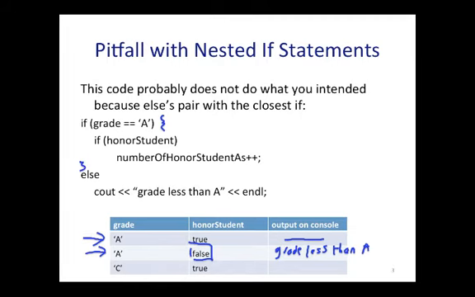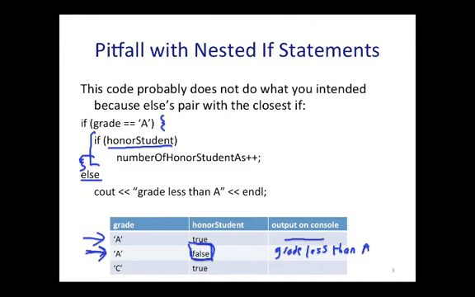So now everything will operate correctly because when C++ sees that we have an A here and that this student is false, it will say, okay, where's the else? It doesn't see it, and before it can see this else, it runs into the curly brace. Therefore, it knows that this if statement is terminated at the curly brace, and it outputs nothing.